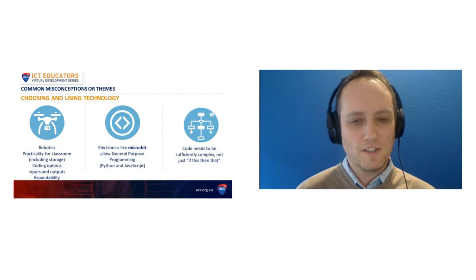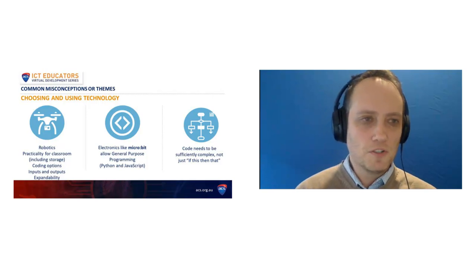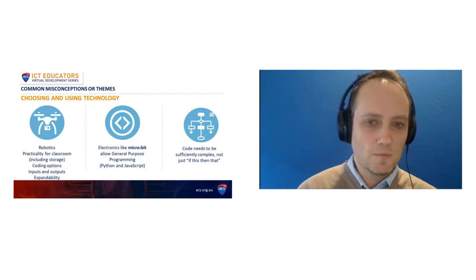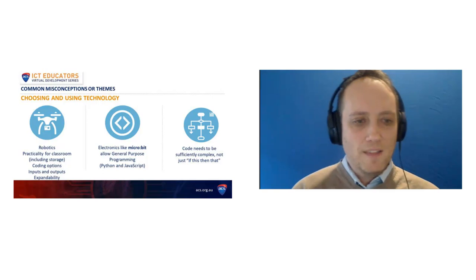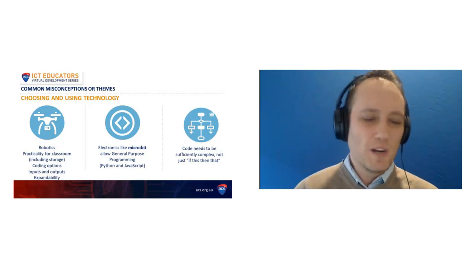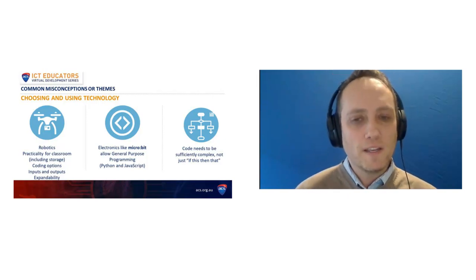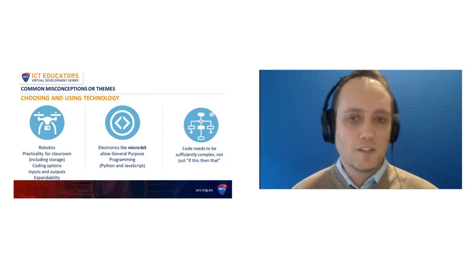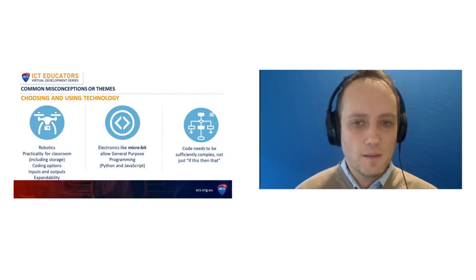And that's a starting point, but unless there's a bit more complexity, it's a bit hard to really have students demonstrate their coding and their algorithm design. So you could add things like, maybe they have to clap and it counts how many times they clap and gives you different results. That's just one example, but you need to find ways to increase the complexity of the code that the students are putting out.